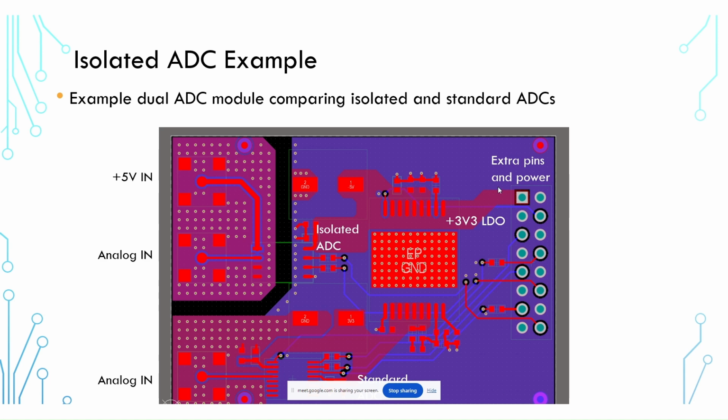Now, in this module, as you can see here, this analog input comes in. Well, this should be obvious. This is an SMA connector, and then just goes straight into this isolated ADC. And the way that this has been done is I've provided ground pour everywhere, and then I stitched everything together with stitching vias. You can see that down here as well for this analog input.